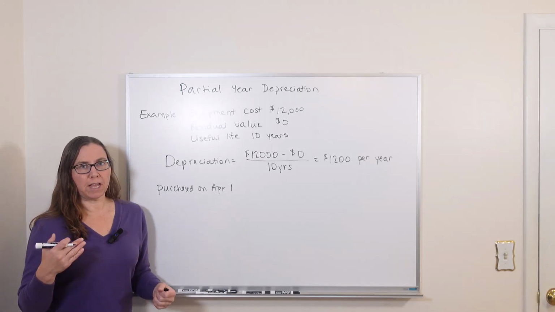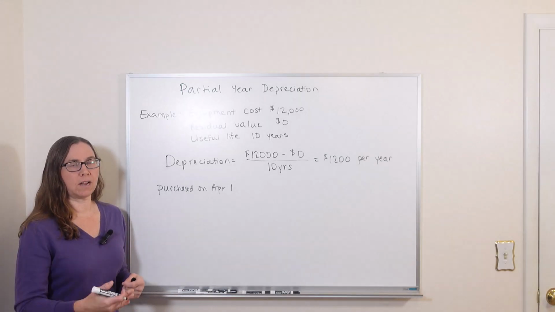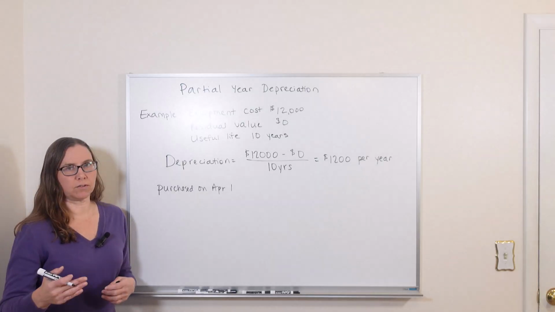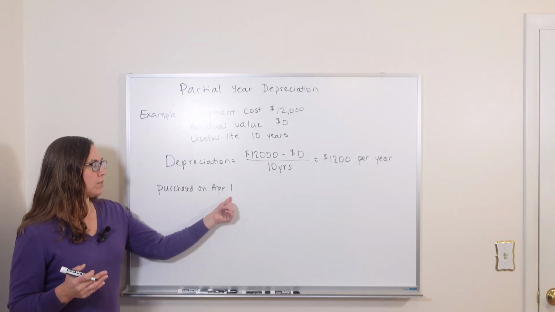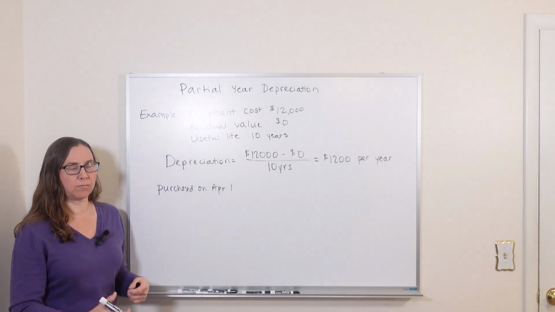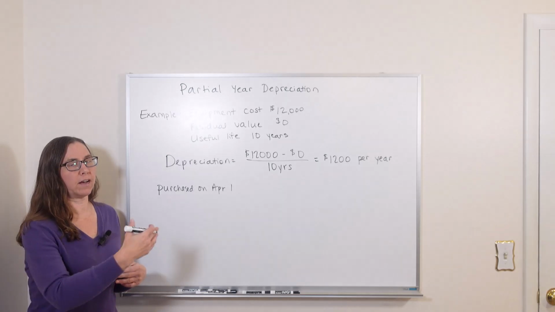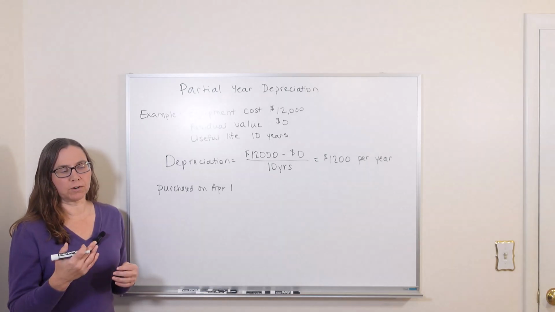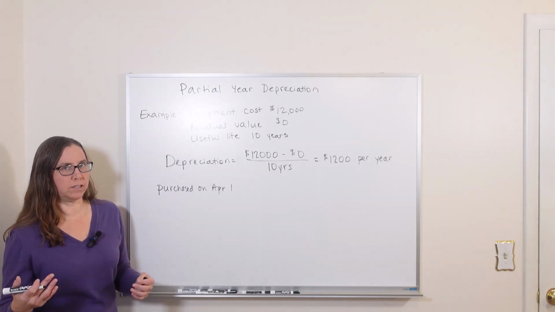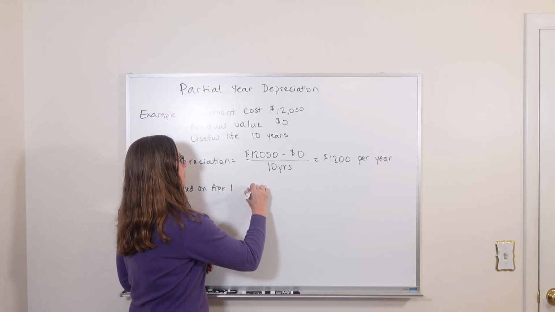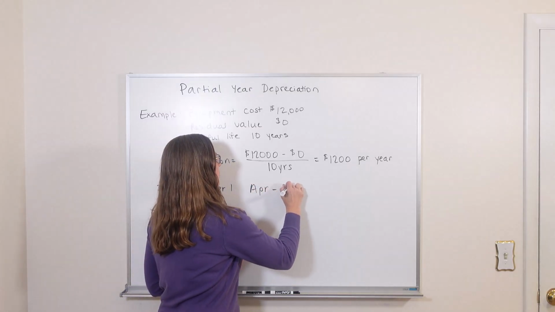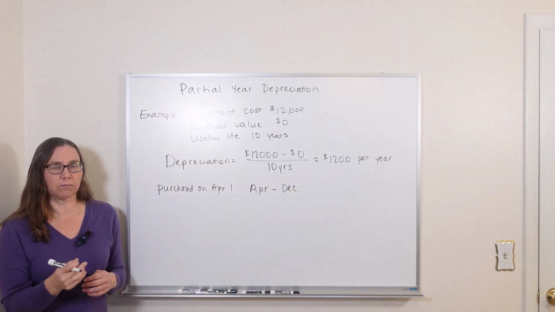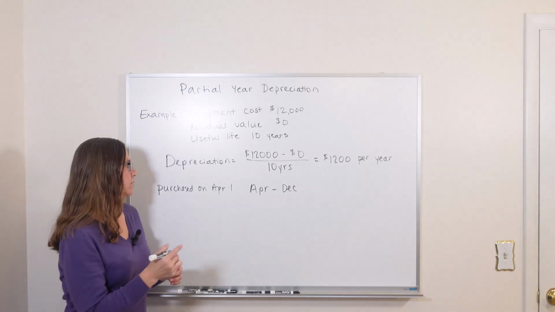If this had been April 30th, you would probably not count April and you would start in May. But since it was on the 1st, you're going to count April and then every month after that up to year end. And we're assuming a December 31st year end. So that would be April through December of that first year, which is 9 out of 12 months.